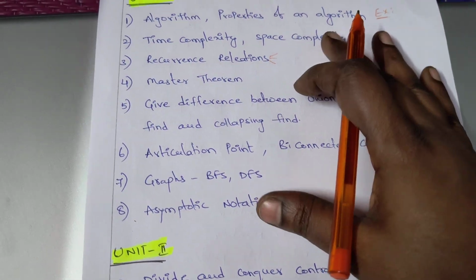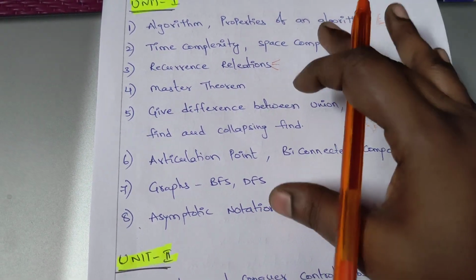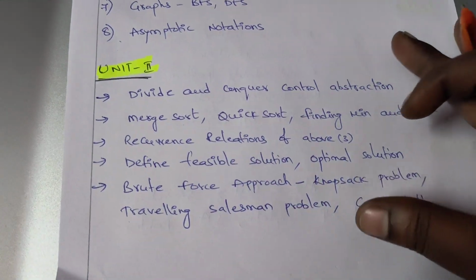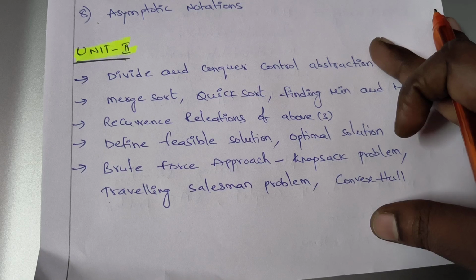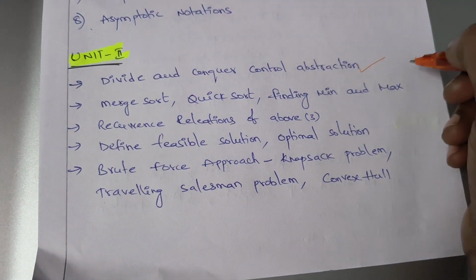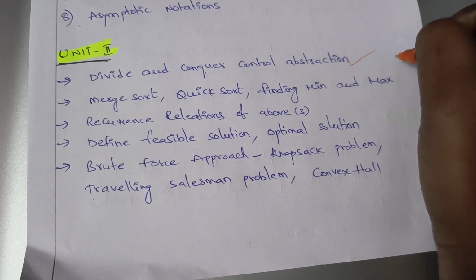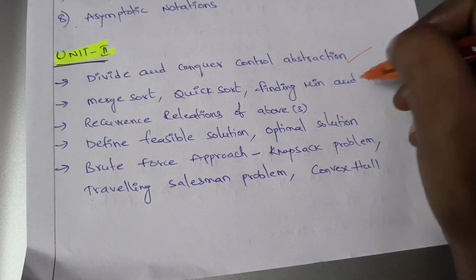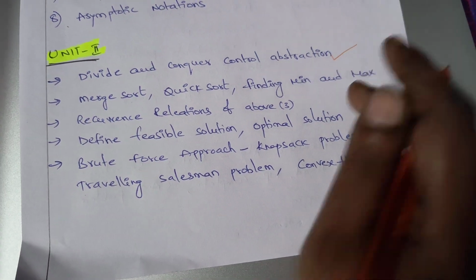If I miss anything, please prepare that too. Now come to unit 2. The important questions are divide and conquer, control abstraction, and recurrence relation. Merge sort, quick sort, finding minimum and maximum, and the recurrence relations of these 3.